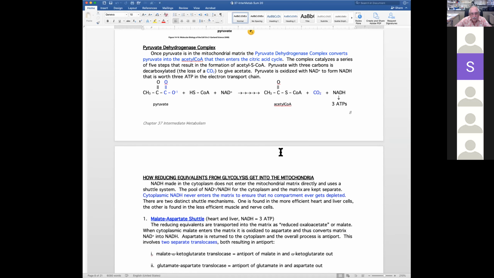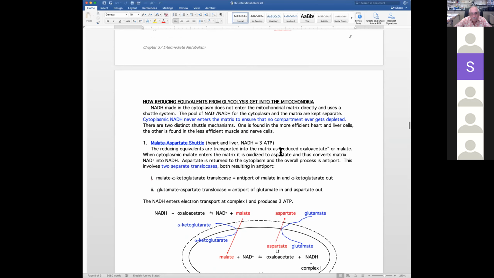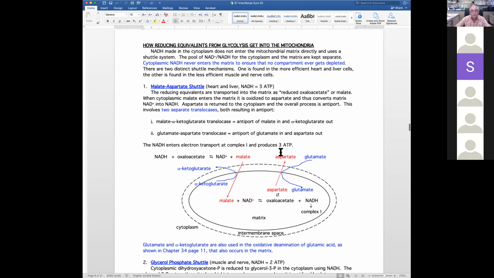So what about the NADH that was produced in the cytoplasm? It can't get in directly. Here's another kind of important concept. The NADH that's in the cytoplasm is kept separate from the NAD and NADH that's in the matrix.